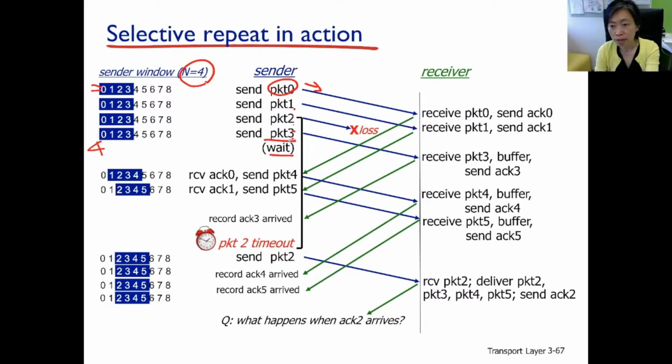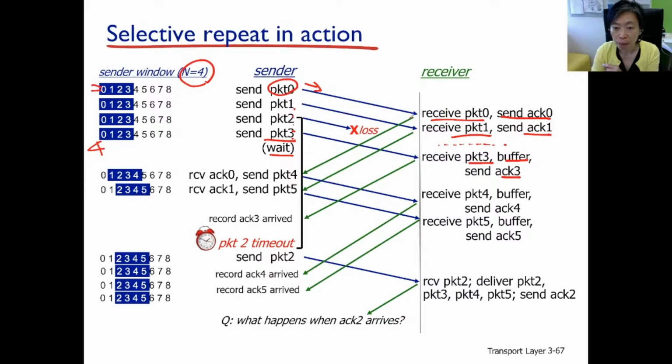Now, over at the receiver side, the scenario is similar, receiving packet 0, but the receiver's action is different. For packet 0, we send individual ACK 0. Receiving packet 1, we send individual ACK 1. Well, not getting packet 2, but we'll be getting packet 3. It's out of order, so we buffer and send individual ACK 3.